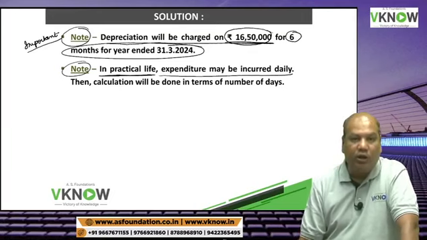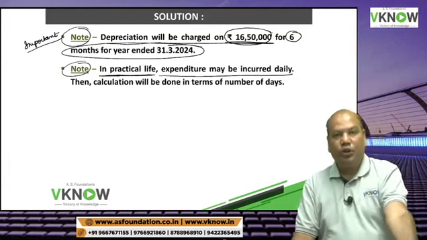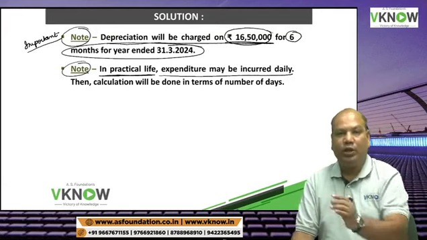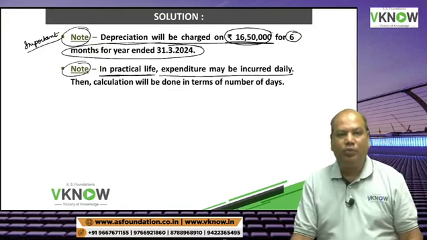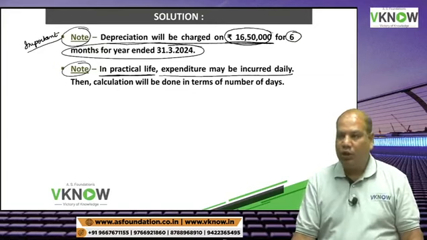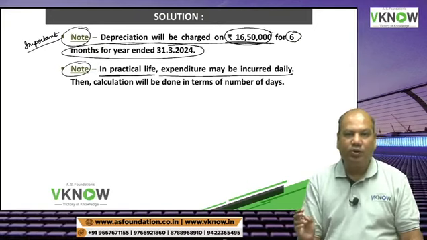Second note, write down, note number 2: in practical life, expenditure may be incurred daily. Yes or no? If you are doing construction of a building, the expenditure is incurred every day, not at the beginning of the month and after a gap of 3 or 4 months. Every day some labor, some material, some other expense will be incurred.